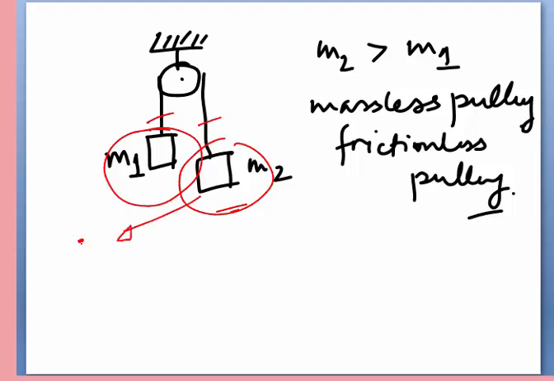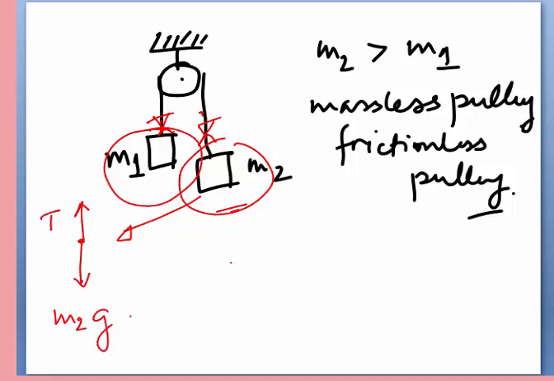The force in the downward direction is M2G, and in the upward direction the force is T, the tension in the string. As you can see, the tension is pulling it upwards and the weight of the body is pulling it downwards.